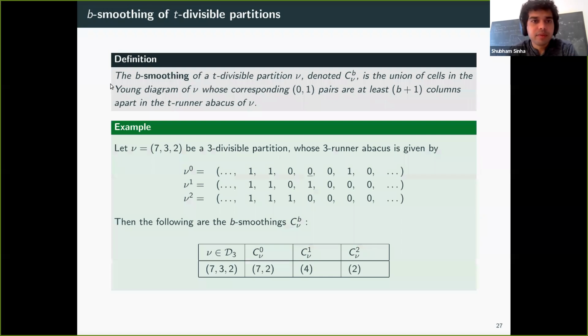Now we define this thing called the B-smoothing of a T-divisible partition. We denote it with C subscript nu superscript B. This is a union of cells in the Young diagram of nu whose corresponding 0, 1 pair are at least B plus 1 columns apart in the T-runner abacus of nu.